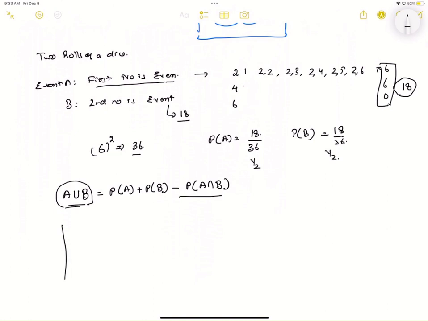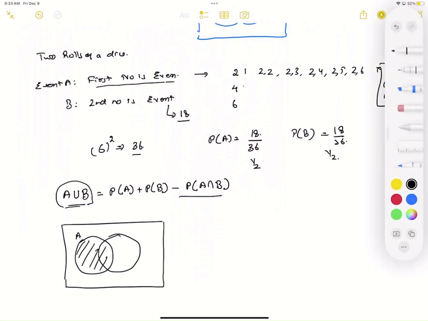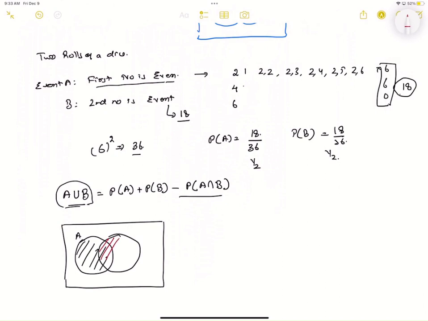The reason is that if you look at this diagram, this is the probability of A and this is the probability of B. So when you are combining the probability of A and B, you are taking this area twice. That's why you have to subtract this little area once.